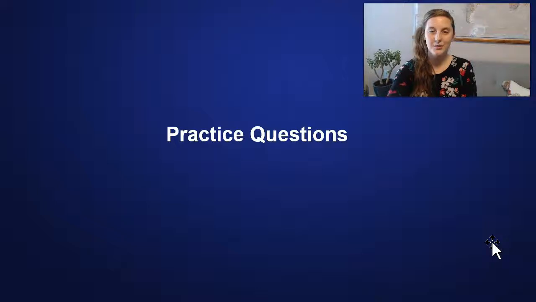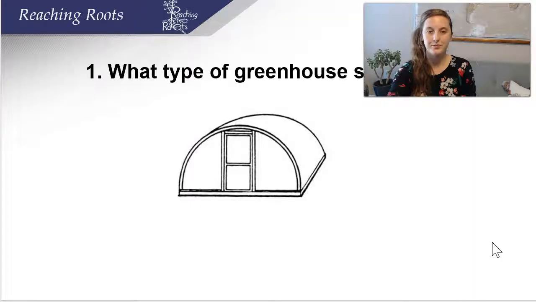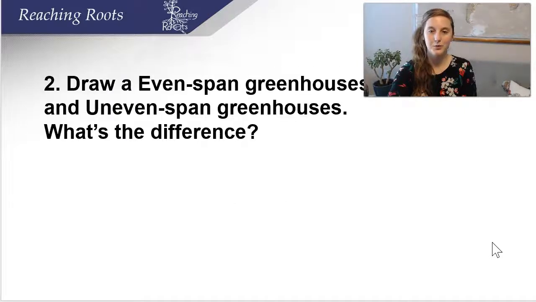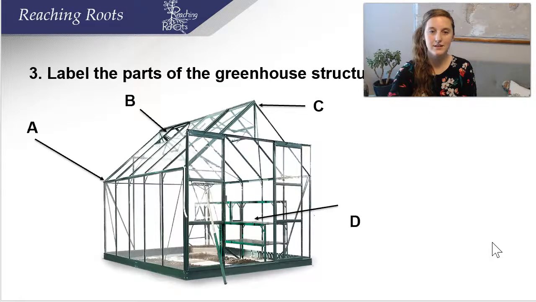We're now going to go through some practice questions. After each question, I want you to pause the video and write down your answer. First of all, what type of greenhouse structure is this? Number 2, please draw an even span greenhouse and an uneven span greenhouse. What's the difference?